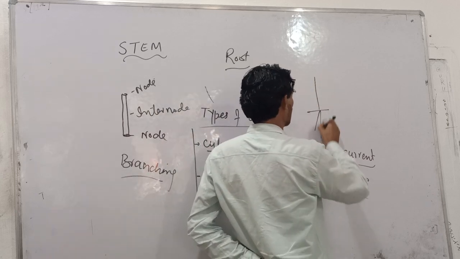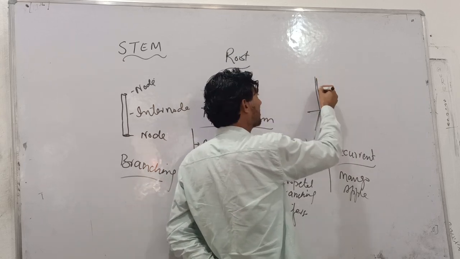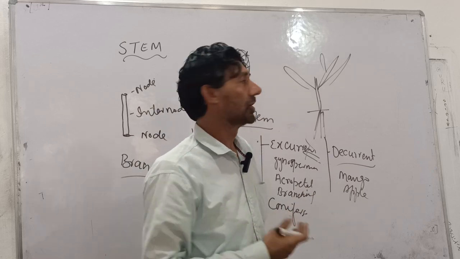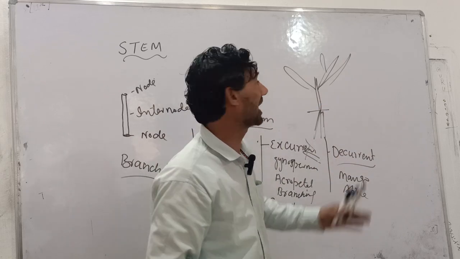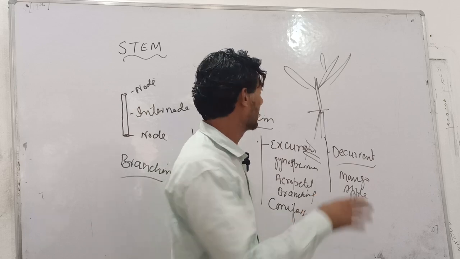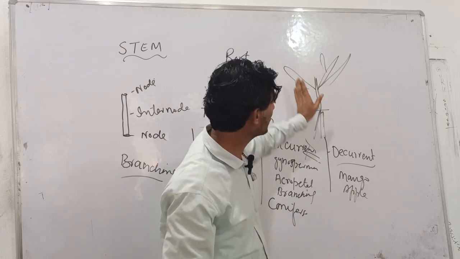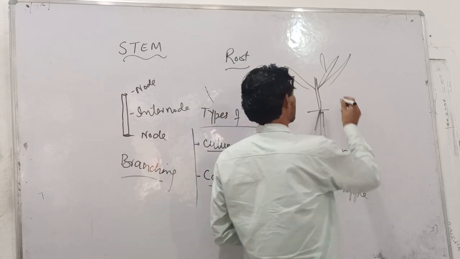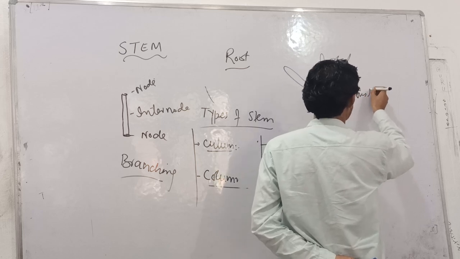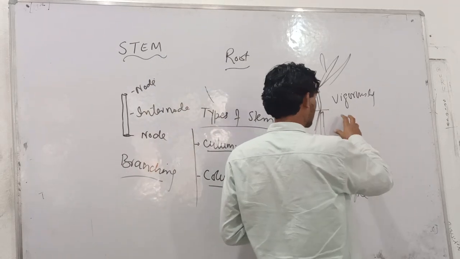The plant has a main trunk, and up to a certain height the branching grows vigorously.